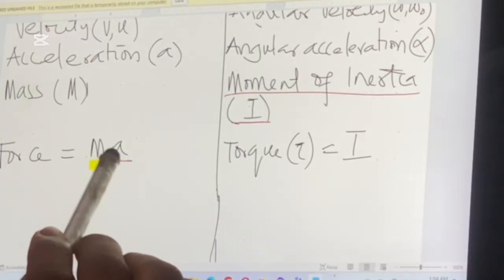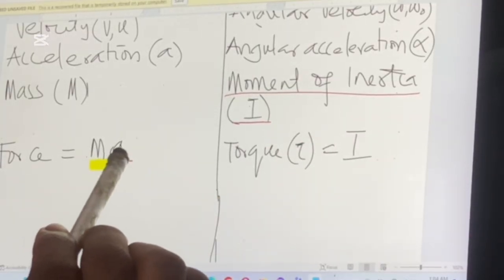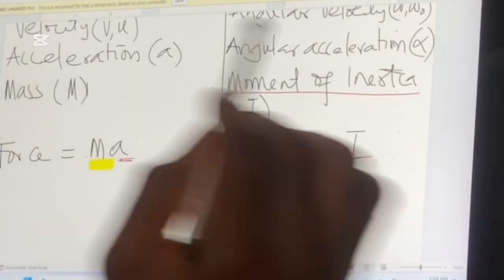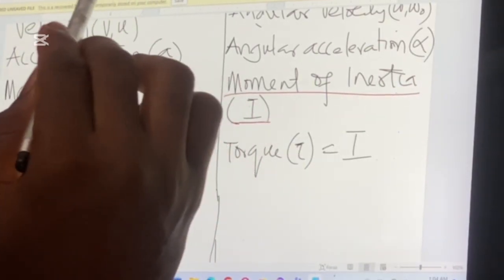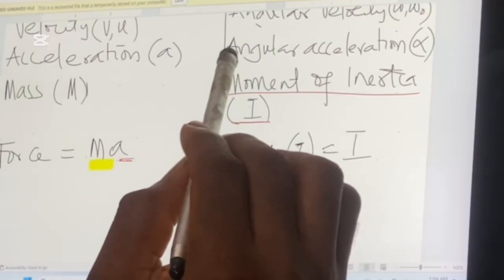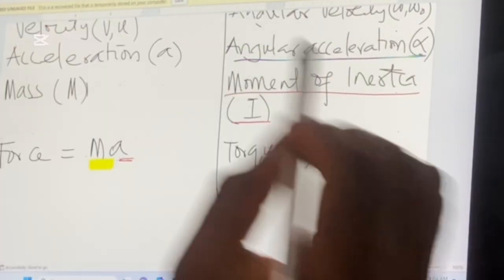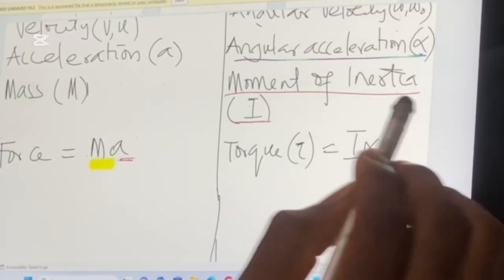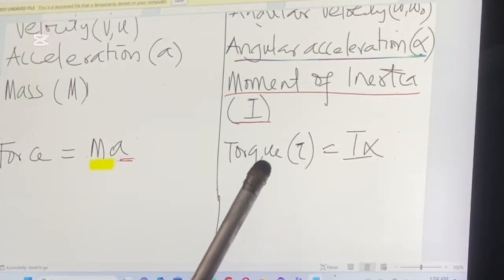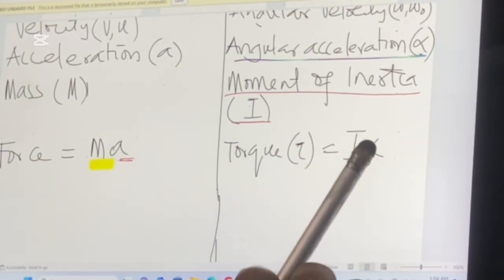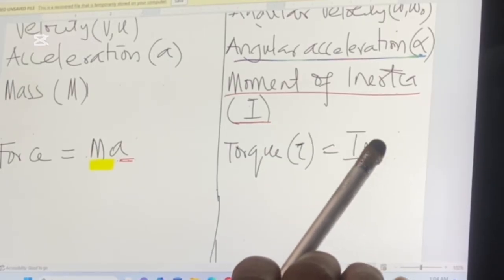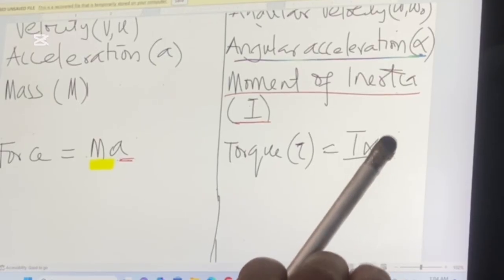So we call it angular acceleration, and the symbol is alpha. So our torque is equal to moment of inertia multiplied by angular acceleration. Please take notes.